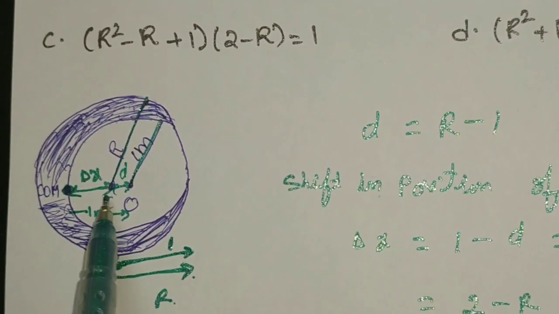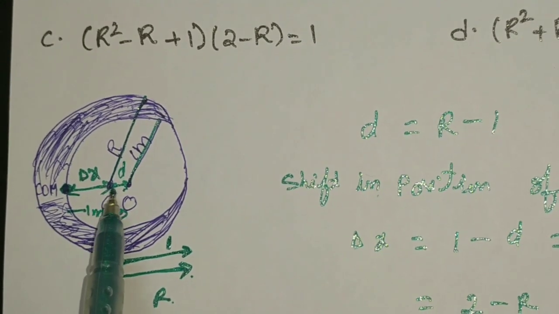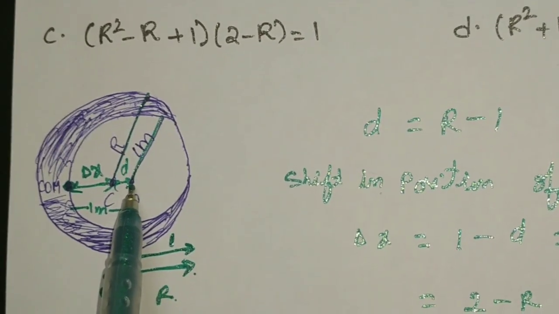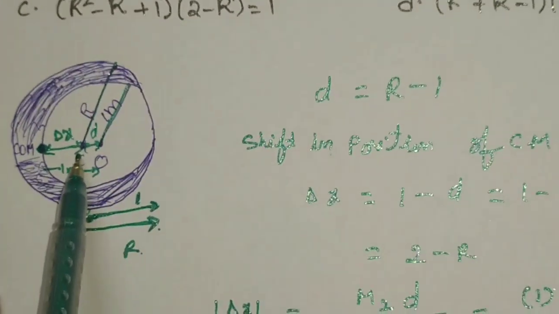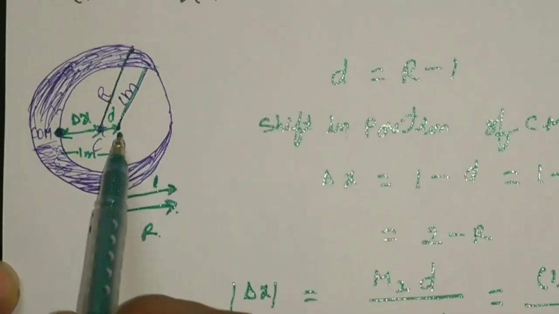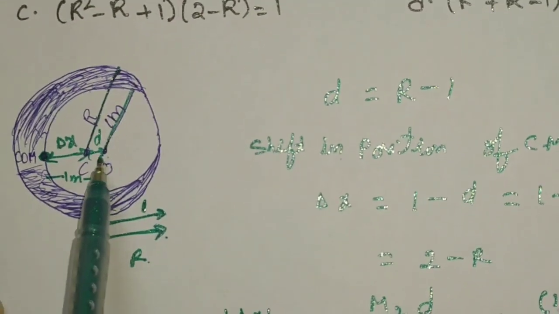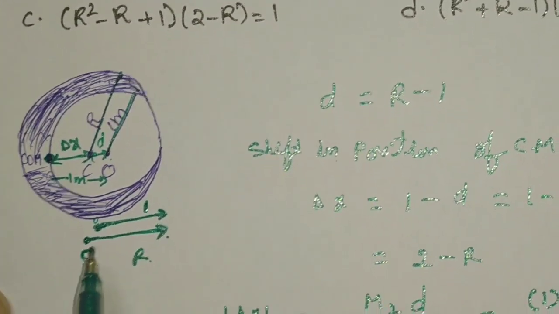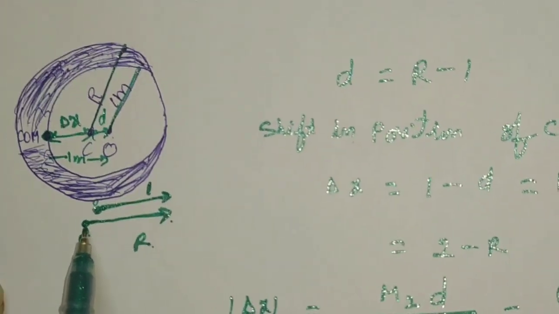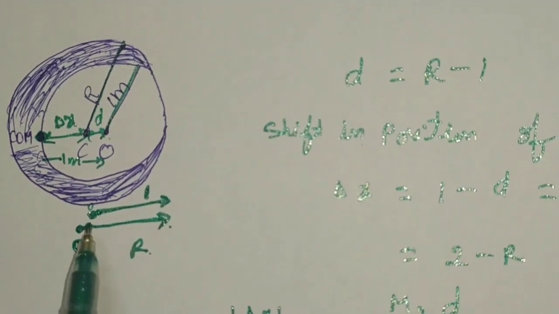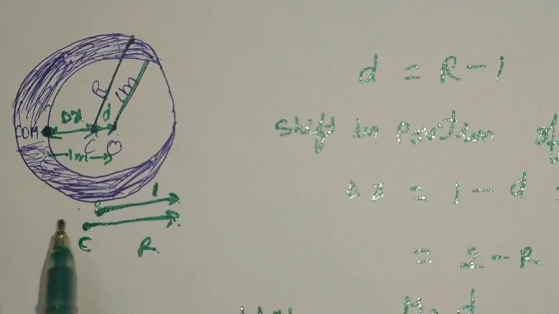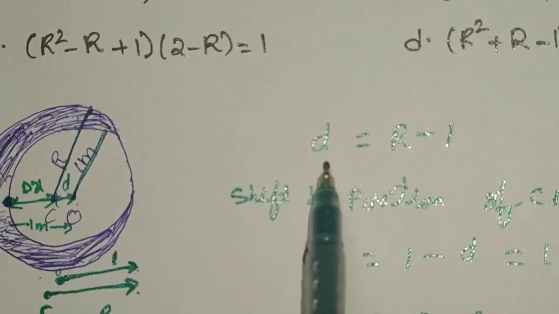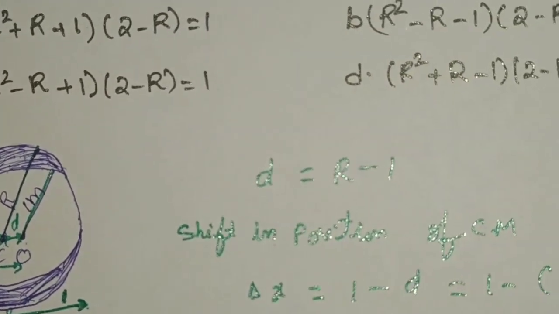The distance between the center C of the original sphere and the center O of the removed sphere is CO. CO is equal to C to the periphery which is R, minus O to the periphery which is 1. So, the distance between C and O, let it be D, is equal to R minus 1.